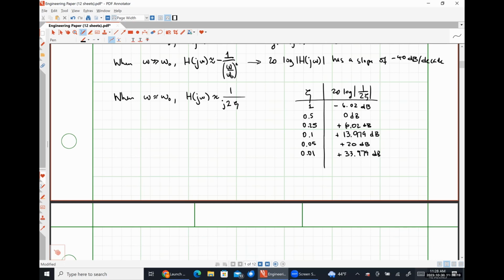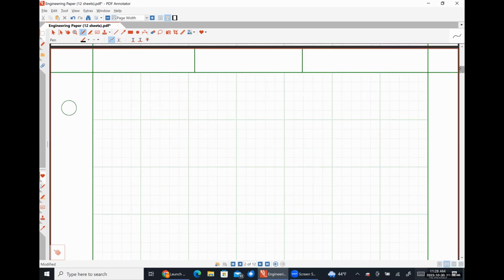Any physically realizable system will always have some sort of resistance. So, as I mentioned a moment ago, these are just corrections to the response that we have already figured out, okay? So let's put this into practice by drawing our frequency response curves for these various values of zeta.